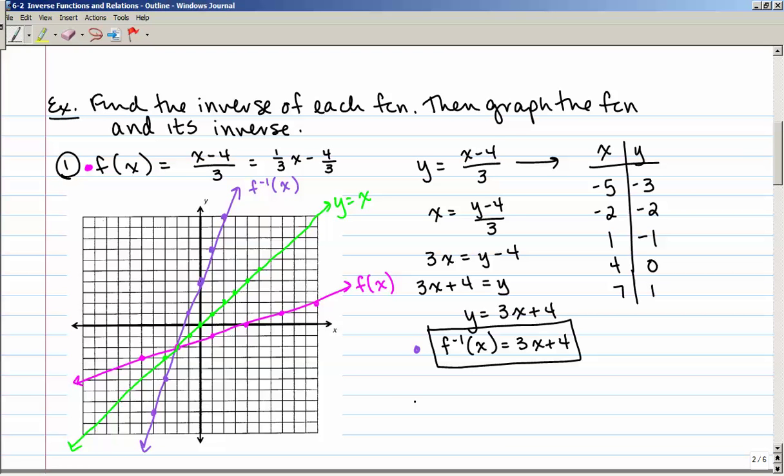So inverses are reflected about the line y equals x. Note the reflection about the line y equals x, and that's going to be true of all inverses.